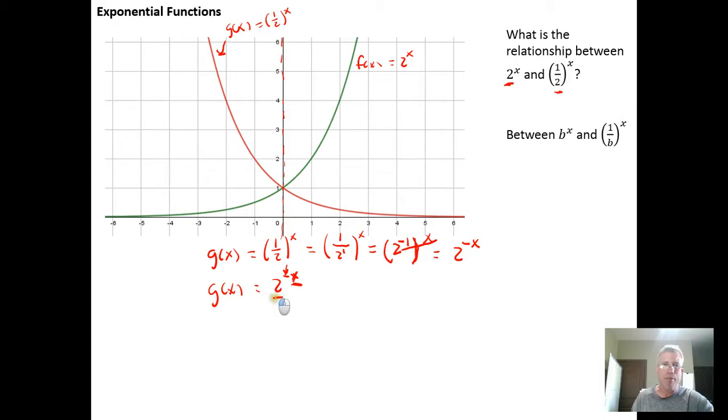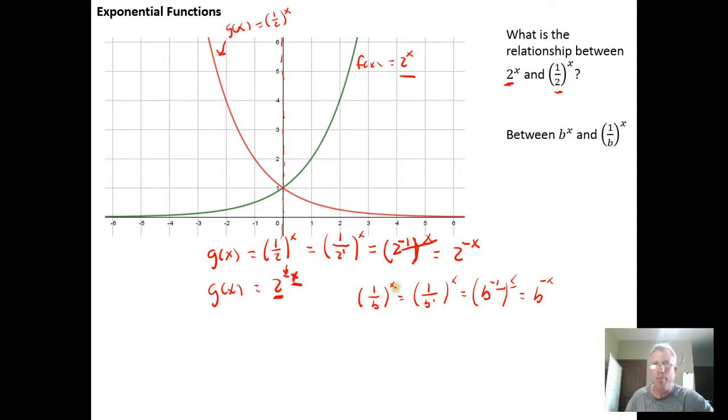So if I have a base 2 being raised to negative x, or the opposite of x, this is just a reflection of 2 to the x in the y-axis. And in general, if we have 1 over b to the x, this is just the same as 1 over b to the first to the x, which is just the same as b to the negative 1 raised to the x, which is b to the negative 1 times x, which is negative x.